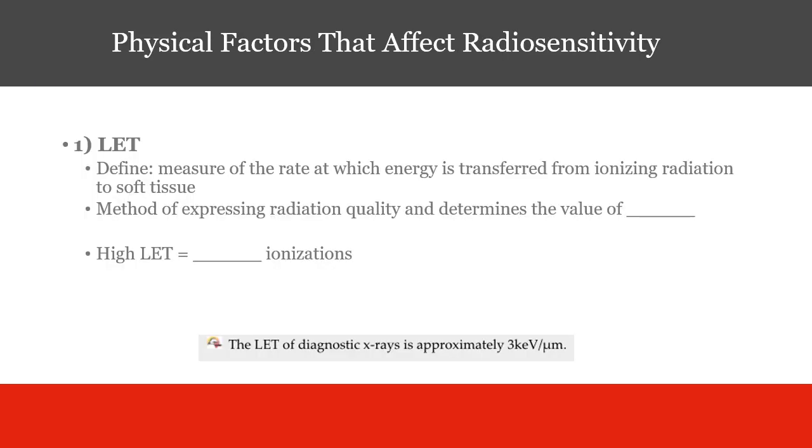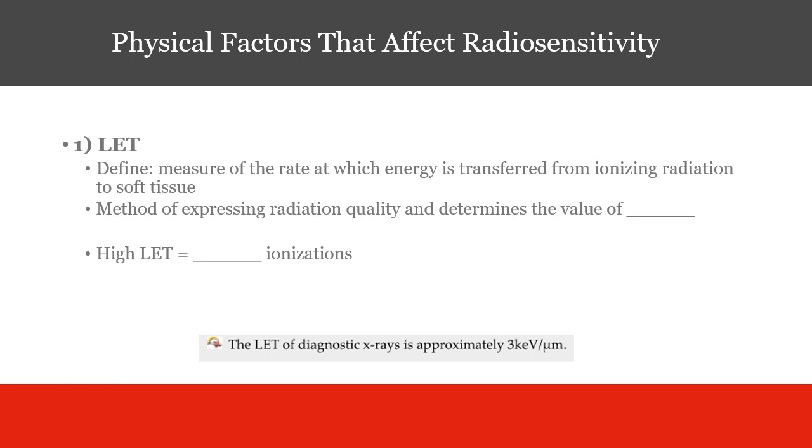Now, physical factors that affect radiosensitivity involve three things: LET, RBE, and what's referred to as protraction and fractionation. So we'll start with LET. LET is defined as the measure of the rate at which energy is transferred from ionizing radiation to soft tissue. You can think of this as absorption. LET is absorption. You're going to be transferring energy to soft tissue from that radiation.